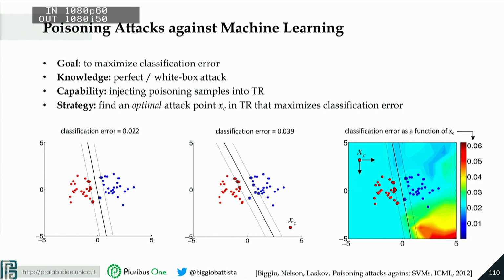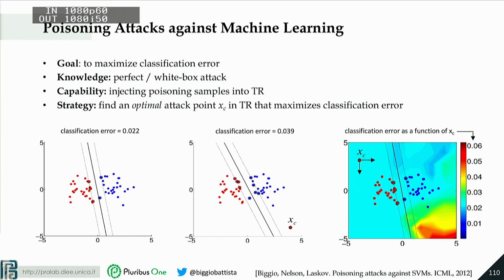And as you can see, this function has this kind of behavior. If you add the red point in this region, nothing happens, essentially. And in fact, what happens for the SVM is that this point is just learned as a reserve vector. So it has absolutely no impact on the decision boundary. Okay? So that's why the function is flat here.